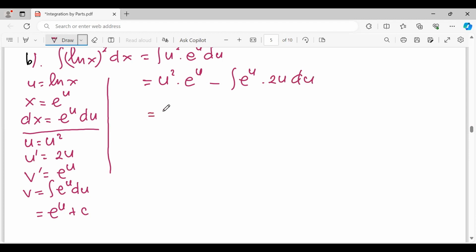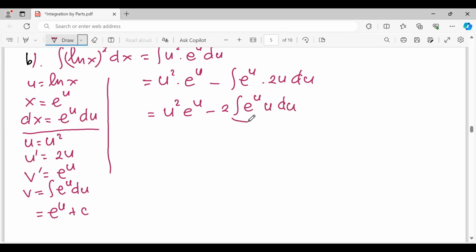So it is u squared times e power u minus 2 integral e power u times u du.